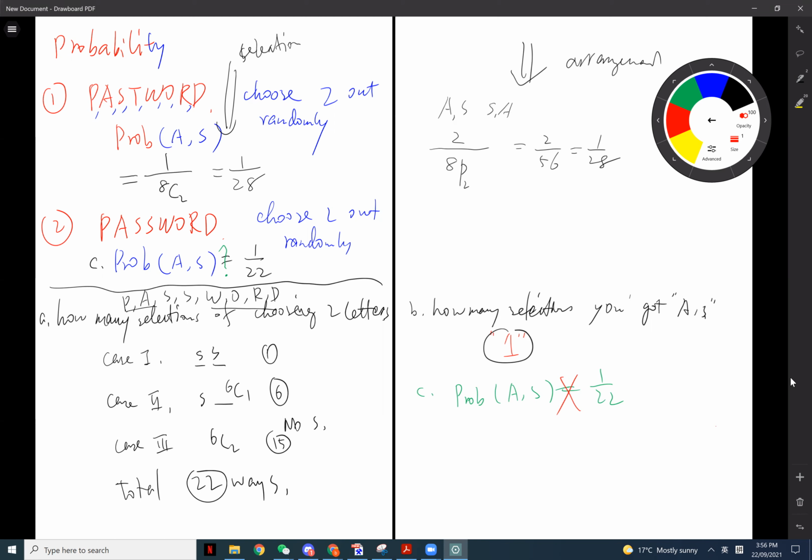Is it because for case 2, the S you have to do selections for both S's? And then also for AS, there's 2 selections technically for probability because you have both S's. Oh, good explanation. The key idea is these 22 ways are not all equally likely.